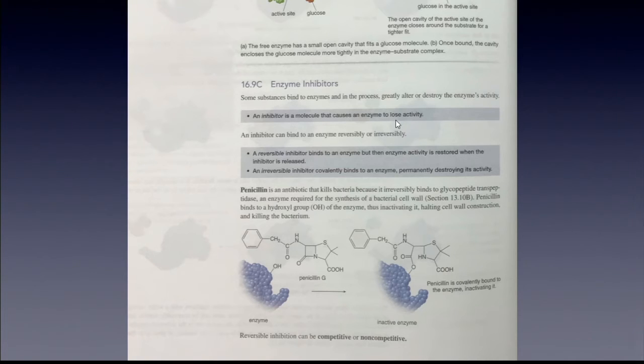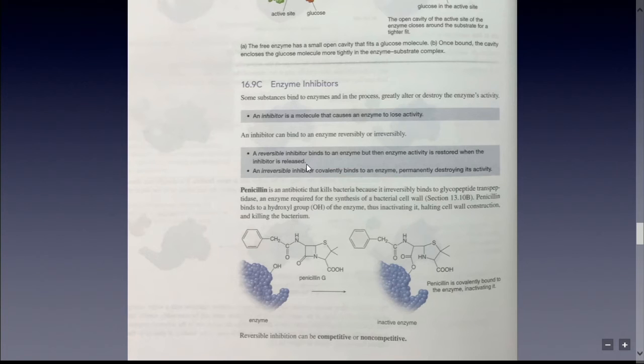An inhibitor can do its job in two different ways. They can either do it in a competitive way or a non-competitive way, which is the main thing that we're going to discuss. But first of all, they can do it in a reversible way or an irreversible way. A reversible inhibitor binds to an enzyme, but then the enzyme activity is restored once the inhibitor is released.